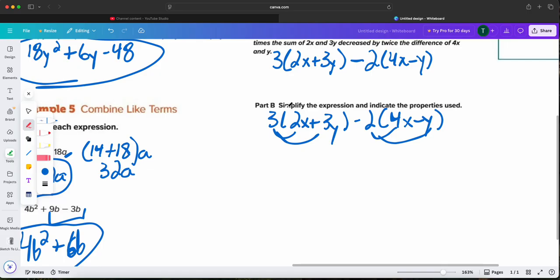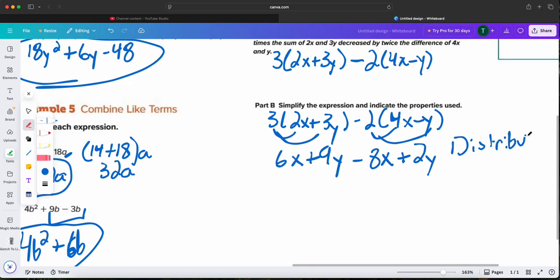So 3 times 2x is 6x. 3 times 3y is 9y. Negative 2 times 4x is negative 8x. And negative 2 times negative y is a positive 2y. So that was distribute. Now technically I distributed and I did the multiplication step since I didn't write the distribution step out by itself.